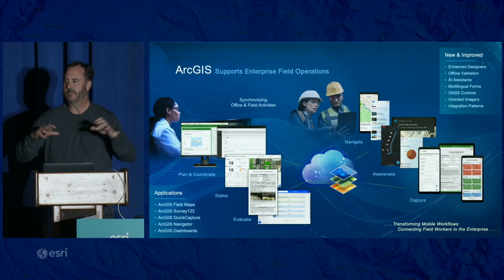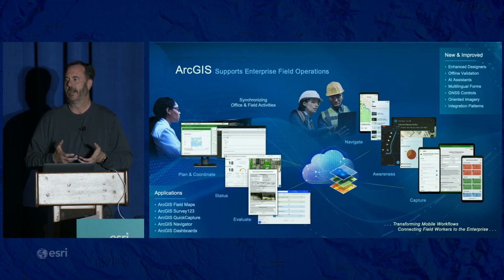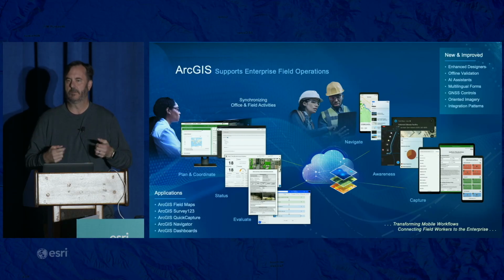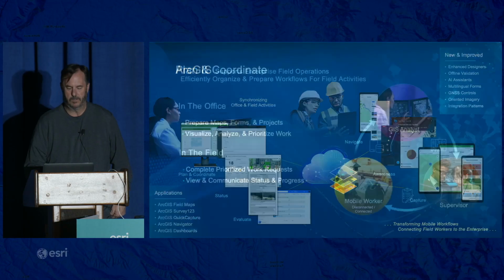And finally, how you integrate all that information back not only into the ArcGIS system, but into your enterprise systems as a whole. So that's the thought process we go through, and we just iterate on capabilities left and right.